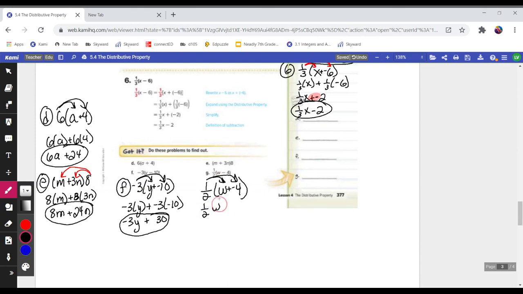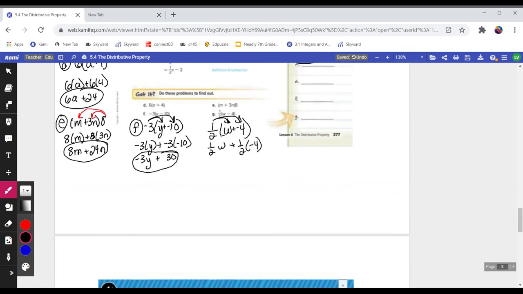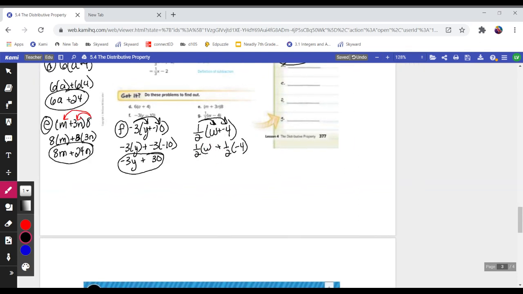So 1/2 w plus 1/2 times -4. 1/2 times w becomes 1/2 w, plus half of 4 is 2. Positive times a negative is a negative. So we have to simplify this. We can't leave it as plus negative. So that becomes 1/2 w minus 2.